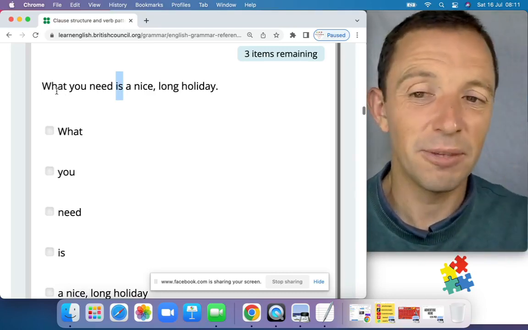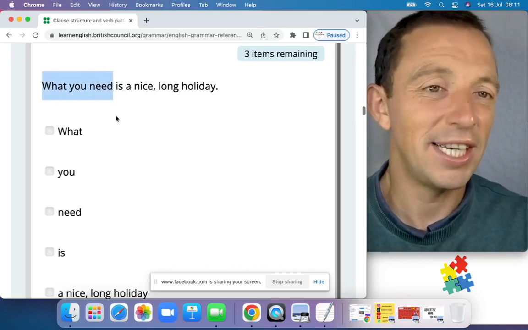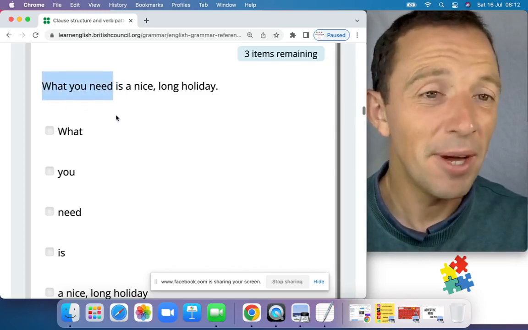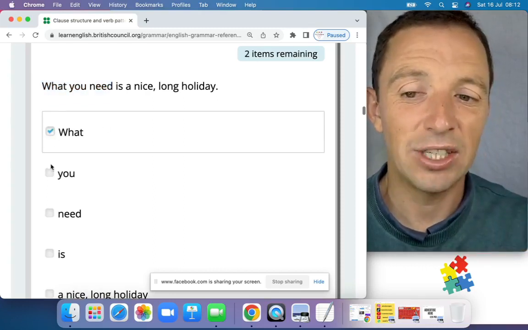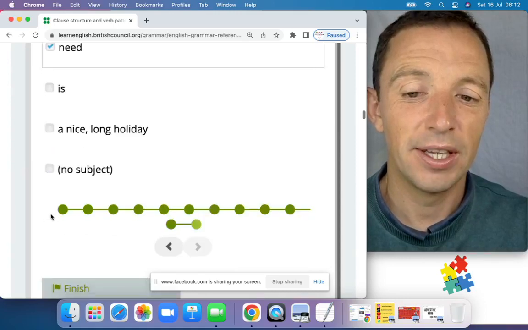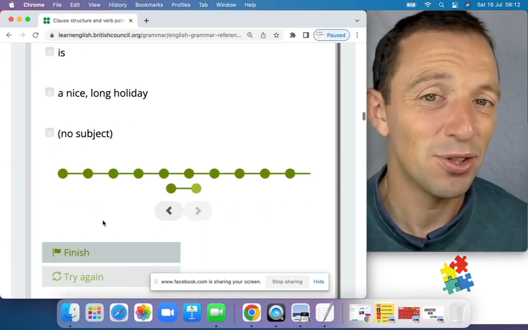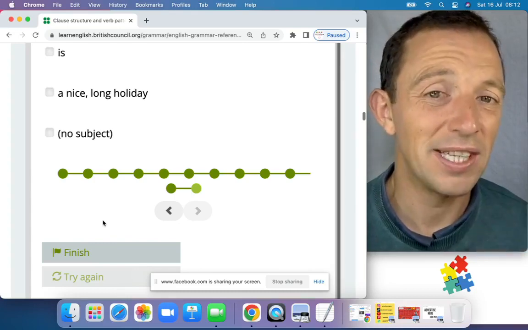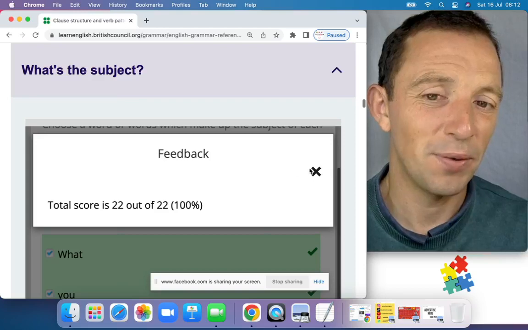This is very, very difficult because there's two verbs. So the subject, I think, is what you need. In my opinion, all of this is the subject, and that's the noun phrase, and that is what you need. And then I think I might have some mistakes. Of course, I may have some incorrect answers, but now is the time to check the answers. Good, everything was correct. 22 from 22.